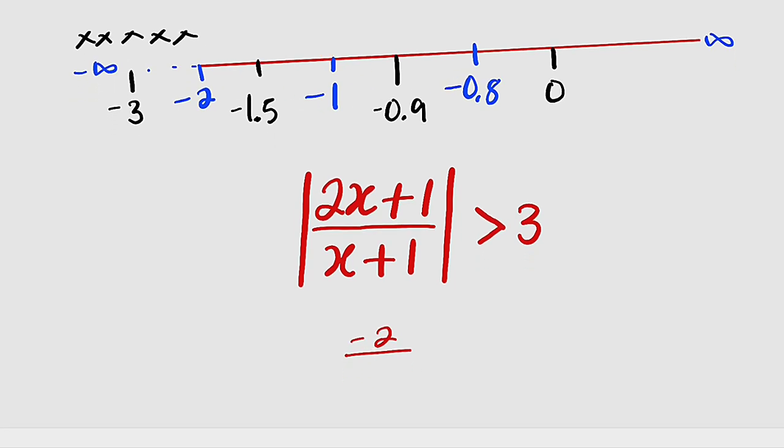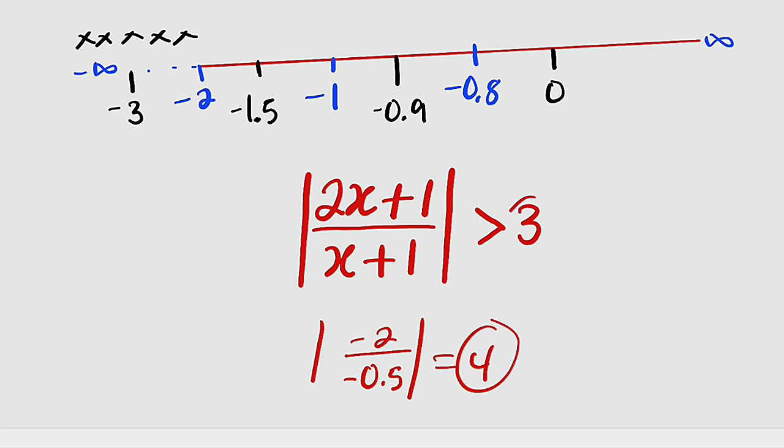Divide by negative 1.5 plus 1, which gives us negative 0.5. Remember, we have absolute value. Even without absolute value, the negatives will cancel. So what is 2 divided by 0.5? That gives us 4. And you can see indeed 4 is greater than 3. Therefore, every value between negative 2 and negative 1 will satisfy.